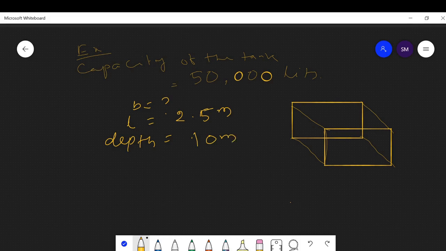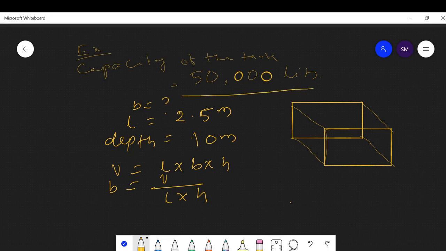As we know that volume is equal to length into breadth into height, then B is equal to V upon L into H. Then what is V here? Volume is given in the form of liters.